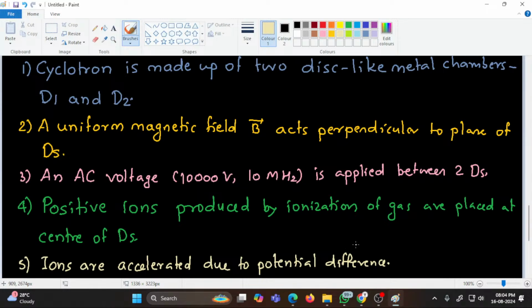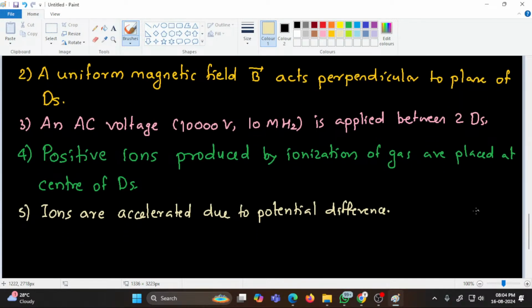So circular motion is given by the magnetic field and acceleration by the electric field.